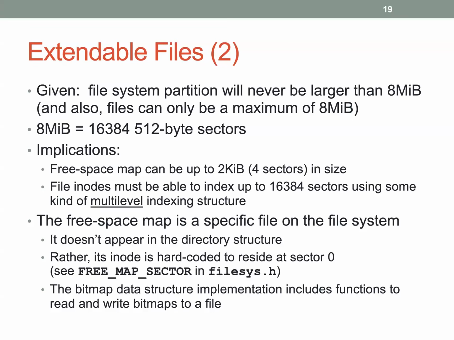The root directory is an inode at sector 1. And so this is also why the current limitation is 16 files and a single level directory structure. Files can't be extended in Pintos until you add it, so you can't have a big root directory and you can't have nestings of directories as well. So this is something that you'll have to fix.